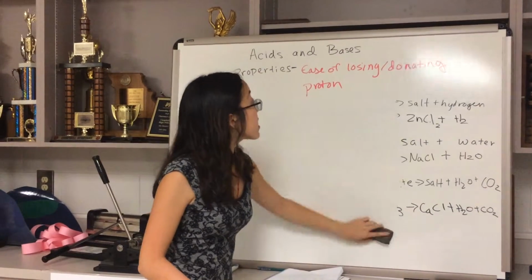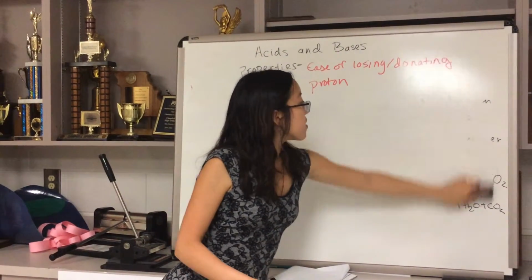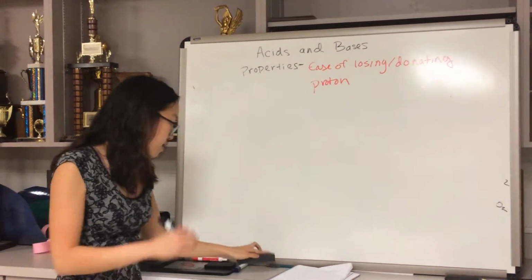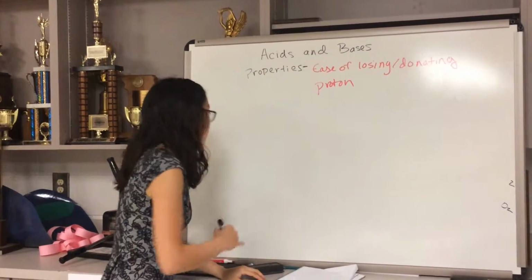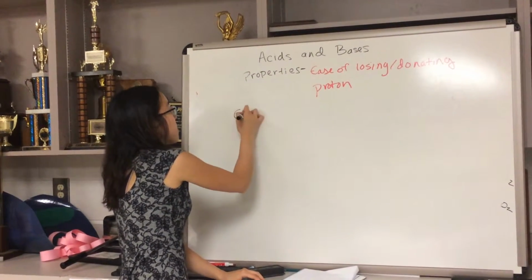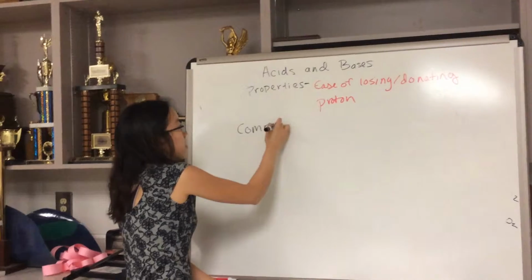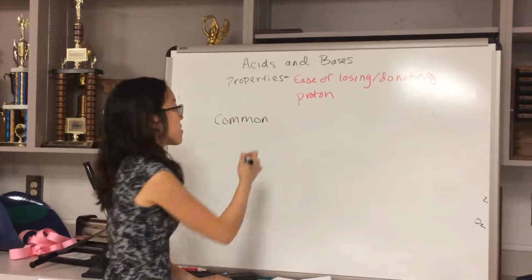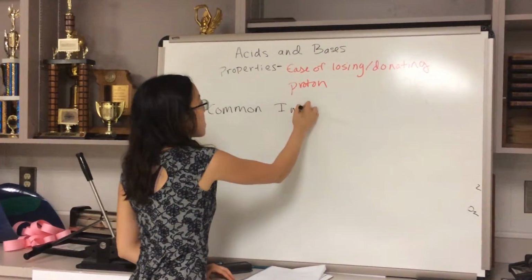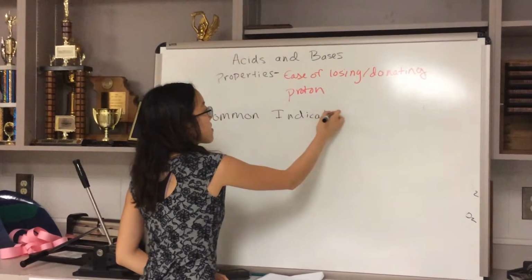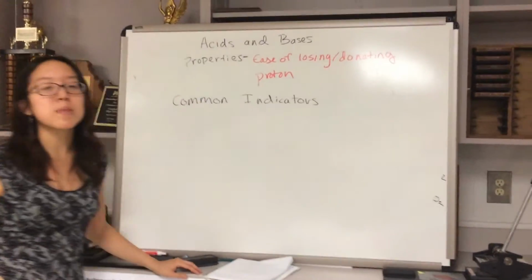What we're talking about next will be our different common indicators. So I'm assuming a lot of people have done titrations, have done different labs using different common indicators. And a lot of these you just have to memorize.